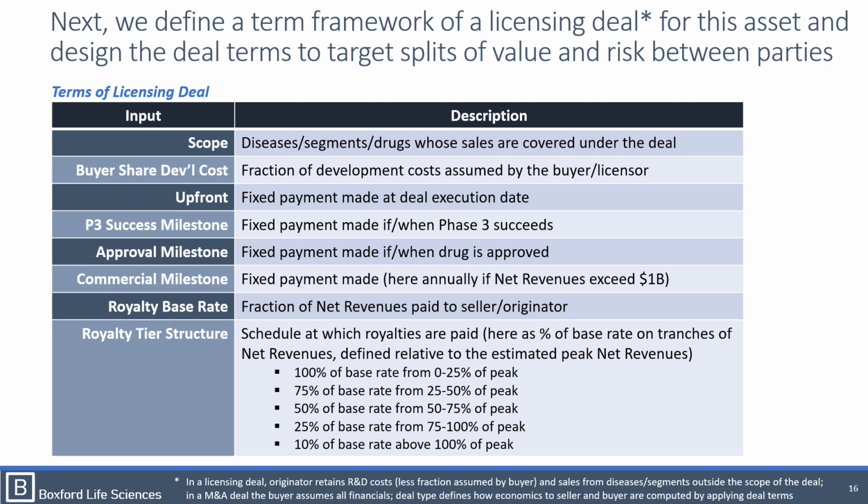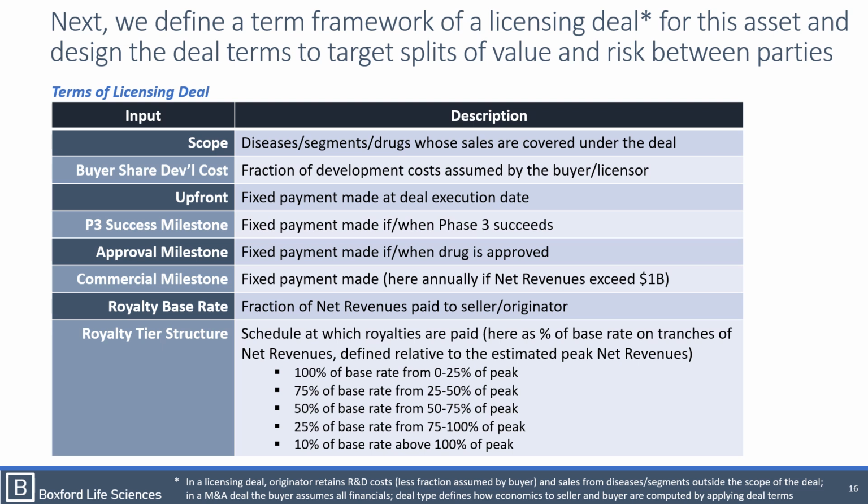We have a royalty base rate, which is a fraction of net revenues paid to the originator, to the seller of the asset. And then we define a tier structure. In this case, we do it as a schedule at which royalties are paid as a percent of the base rate on tranches of net revenue that are defined relative to the estimated peak net revenues.